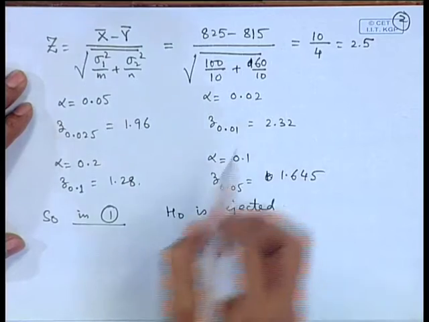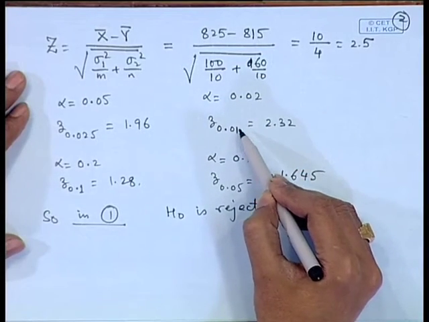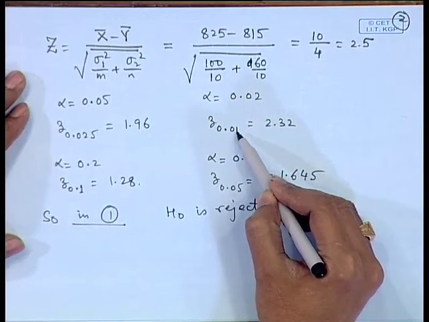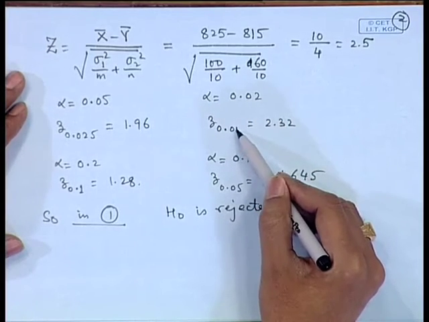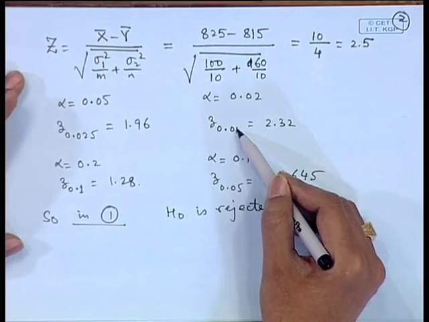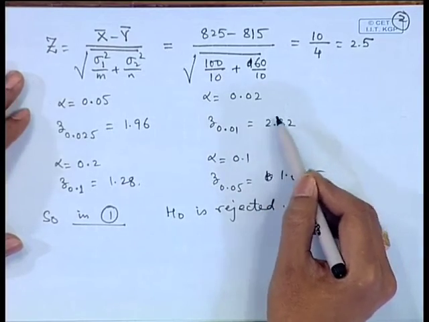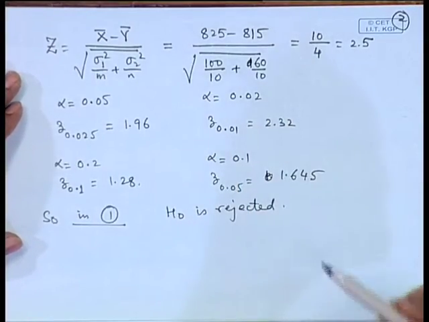Of course, if we take a much smaller alpha, say 0.01 or 0.001 etcetera, then this will not be rejected, but it is not very reasonable to take such a low probability of type 1 error, because that may reduce the power also.